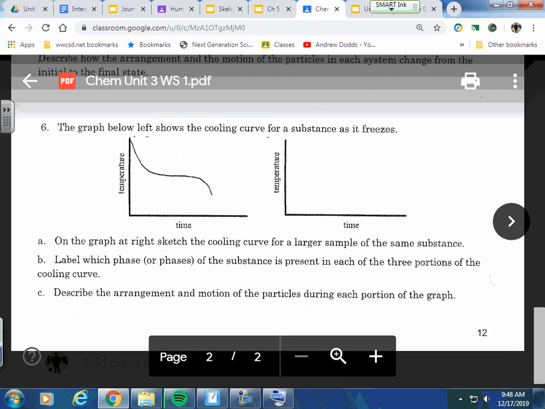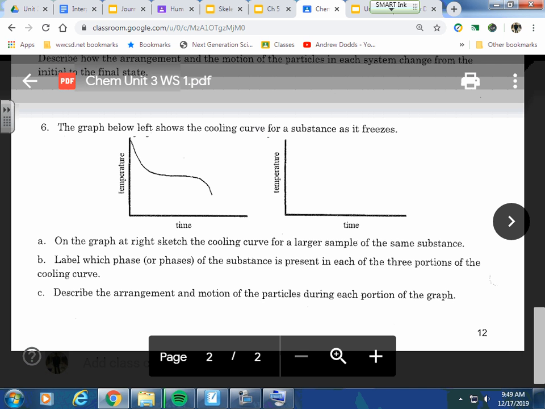This is saying the graph below left shows the cooling curve for a substance as it freezes. On the graph at right, sketch the cooling curve for a larger sample. What I was saying to some people yesterday when they asked me about this: let's picture how long it takes a cup of water to freeze compared to, say, a lake of water. A lot longer, right?